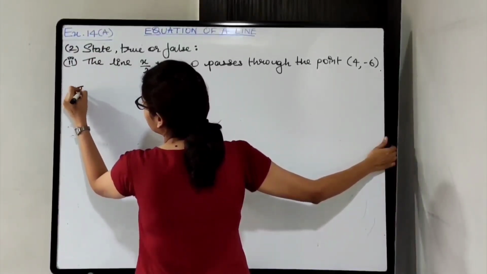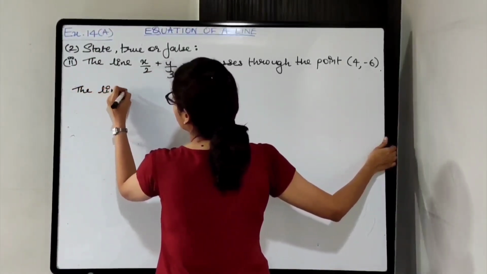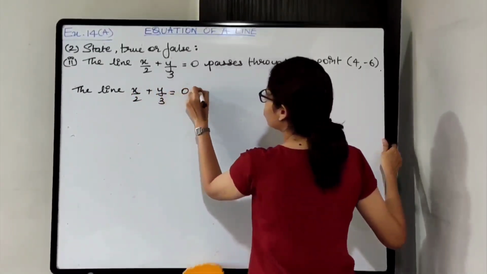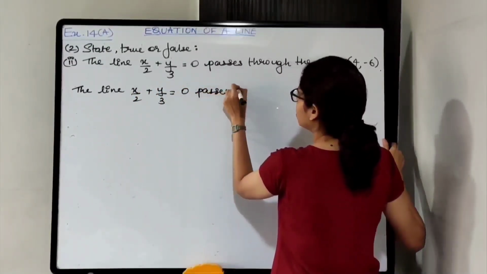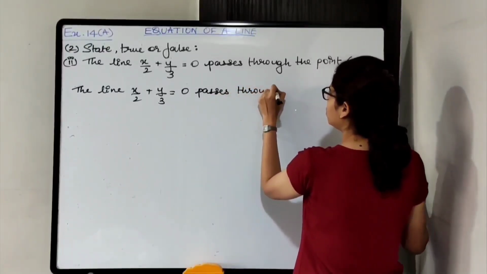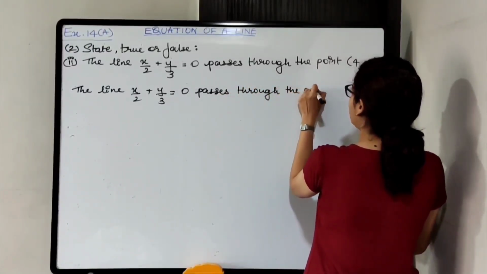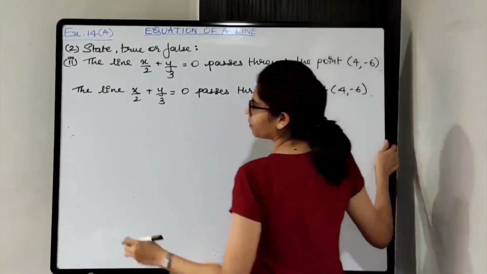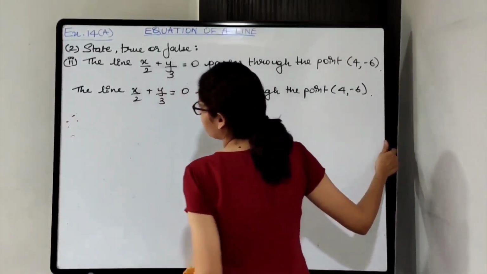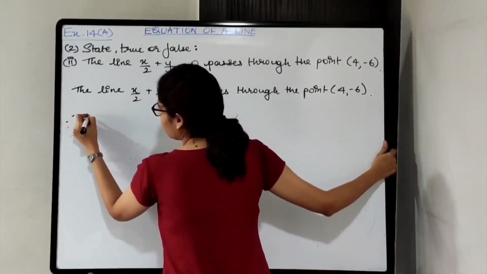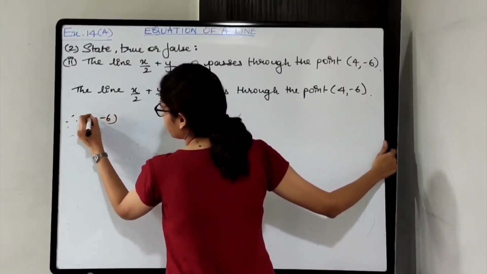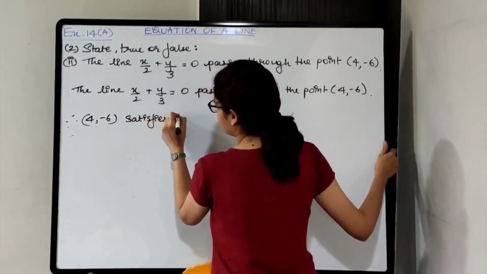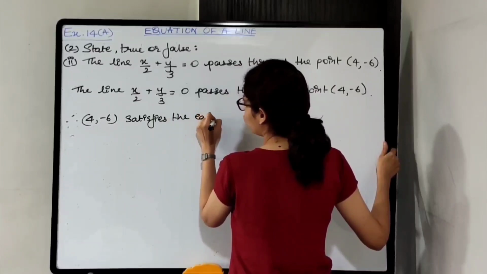So write down the entire thing again. Okay, the line x by 2 plus y by 3 equal to 0 passes through the point 4, minus 6. So therefore 4, minus 6 satisfies the equation.